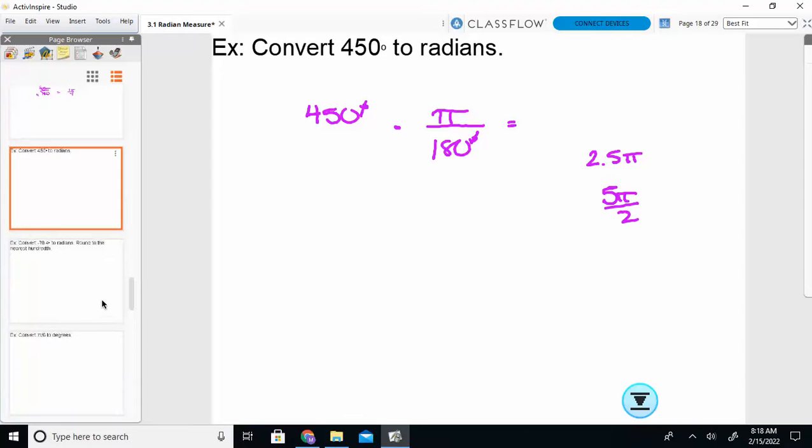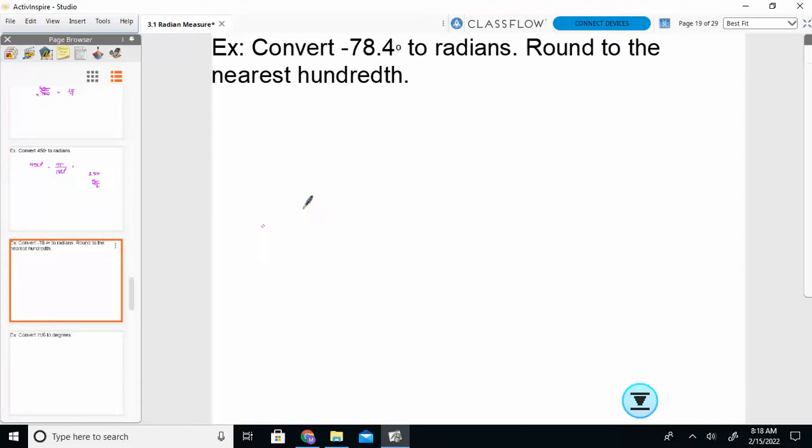Sometimes we may have one that's not as pretty. Like if I give you a decimal, negative 78.4 degrees, I want to change that to radians. This time I said to round to the nearest hundredth. Since I already have a decimal and I'm telling you to round your answer, let's go ahead and type in the pi as well.